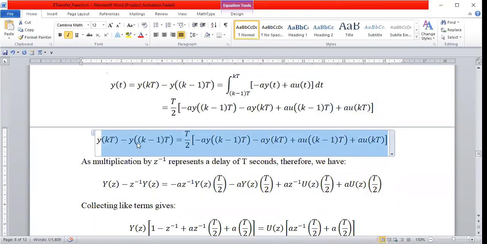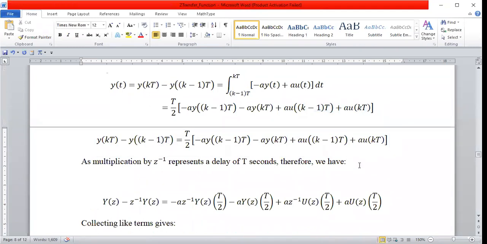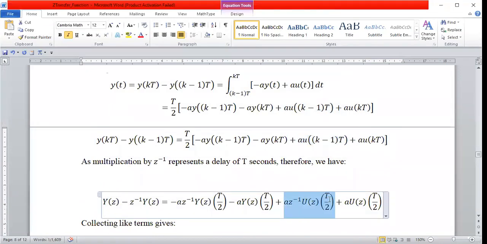Then you find the z transform of this. I've explained it previously. Like the z transform of this is given by this. Since we are dividing everything by T/2, we just put the T/2 here.